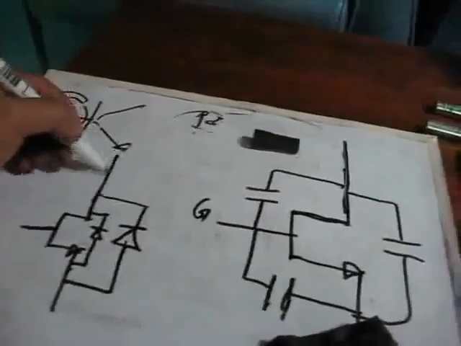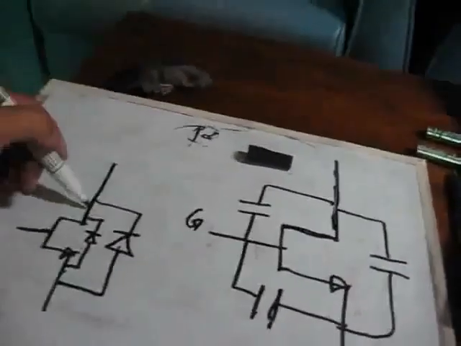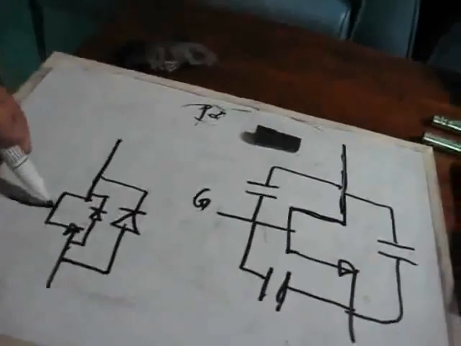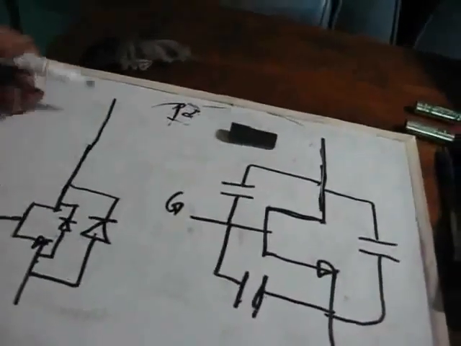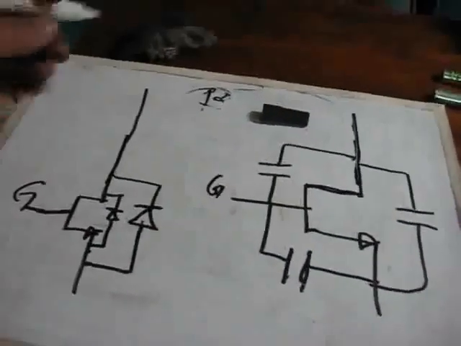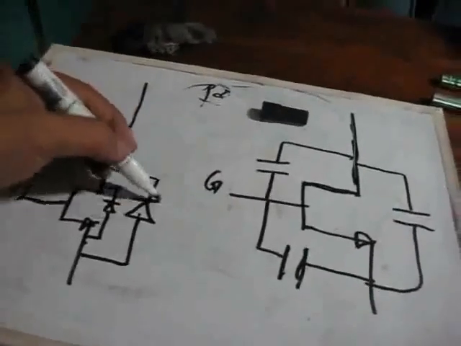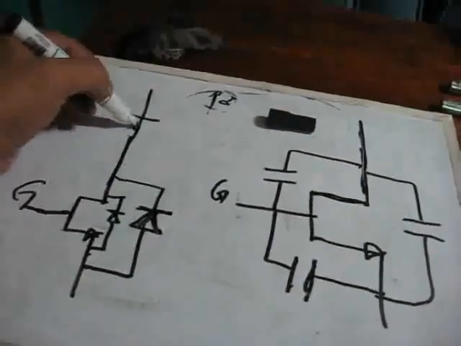So in case there is a reverse polarity, this will not go to here. This is the gate. And another thing, you must put here for the speed of reverse polarity. Maybe this one cannot, so you must put some Schottky diode here.